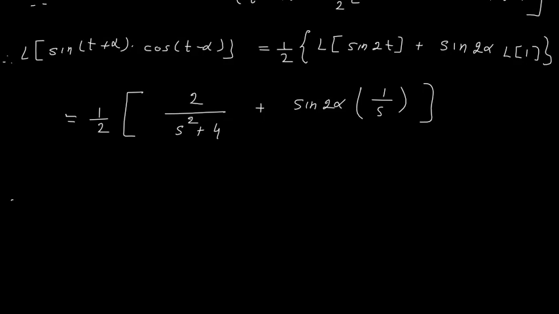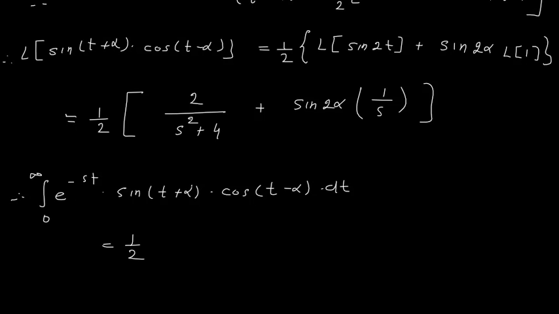So I have the integral from 0 to infinity of e raised to minus st into sin(t plus alpha) cos(t minus alpha) dt, equal to 1 upon 2 [2 upon s square plus 4 plus sin 2 alpha into 1 upon s].